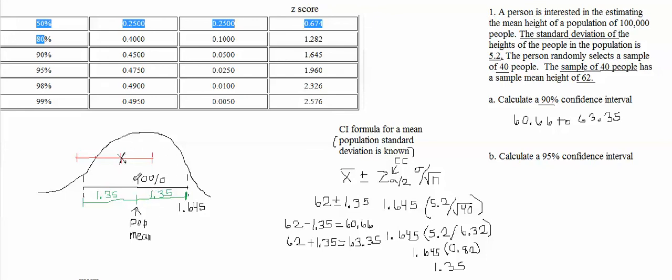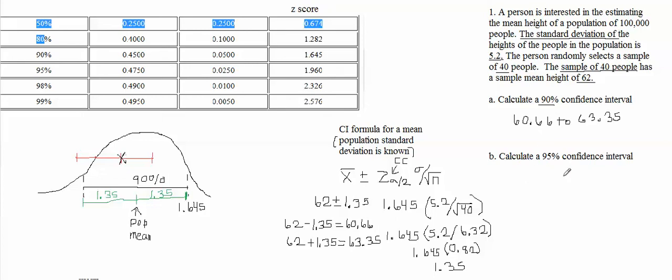Which means when we randomly selected our sample, there was a 90% chance that our sample would be one of the middle 90%. So that's why we're 90% confident that we ended up with one of these samples in here that would give us a confidence interval that crosses over the population mean.